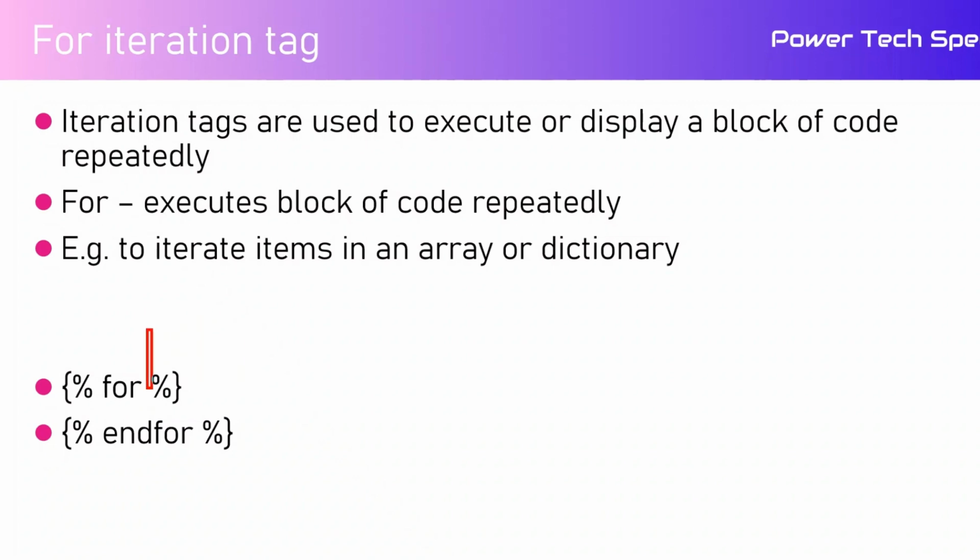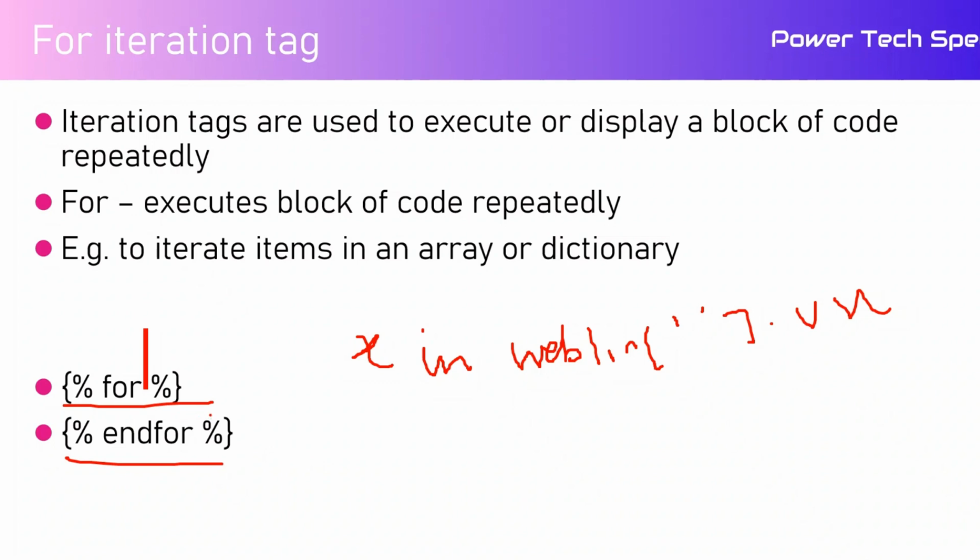So if you are iterating, say x, in some collection, say web links, in web links, and then you put that syntax and then dot url and then you get those content. I'll show you a different example of how to write the syntax, but for the time being just assume it's for, end for, and then whatever the logic is will go inside it.